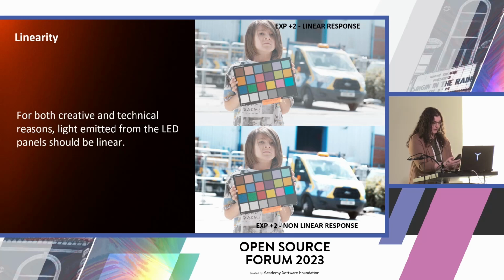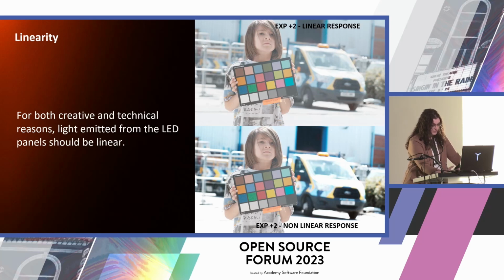And for both, in addition to metamerism, the other problems often encountered in the imaging pipeline is issues with linearity. This baseline, like we said in the previous slide, you want linearly encoded light emitted from the LED panels. And creatively, as you can see on the two images on the left, it's super important for the screens to respond similarly to physical light on set.